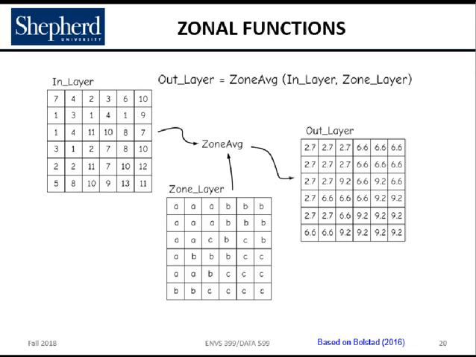Generally, this means the cells in the input layers and the zone defining layer have the same cell size and orientation. Note that the output here is a raster with identical values in all the cells of a given zone. This is typically how zonal functions are specified.